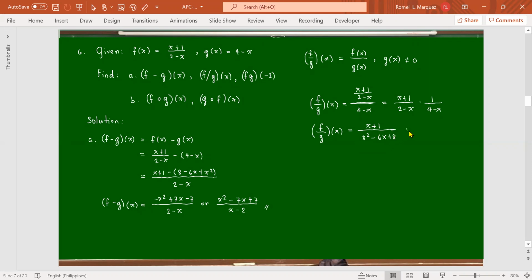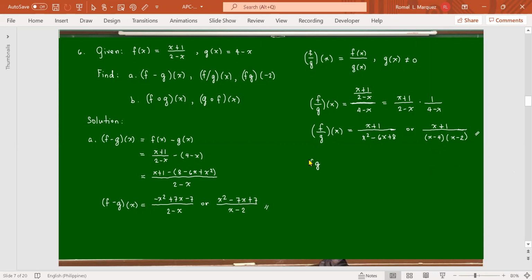Or if you want, you can have in factored form. X plus 1 all over, I can start with positive x minus 4, then x minus 4, x minus 2. So they are just the same, no, guys? 2 minus x, 4 minus x, same as x minus 2, x minus 4. Clear, children?